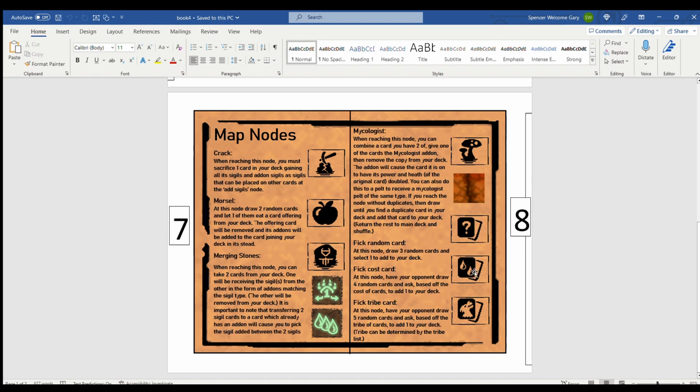So, for example, they could draw a card that costs 1 blood, 2 blood, 3 blood, and 4 bones, and then you'd have to pick a card based off of how many blood, bones, or both the card costs. Pick tribe card. At this node, you'll have your opponent draw 5 random cards and ask based off of the tribe of the card to add 1 to your deck. And the tribe can be determined by the tribe list card, which I showed earlier in the Google Docs area.